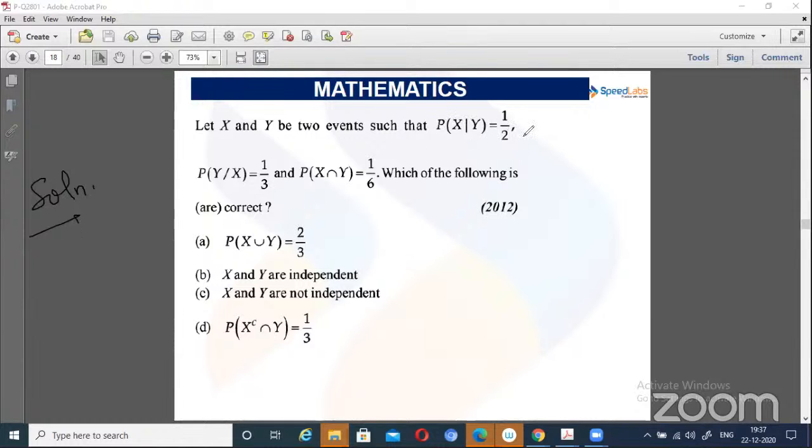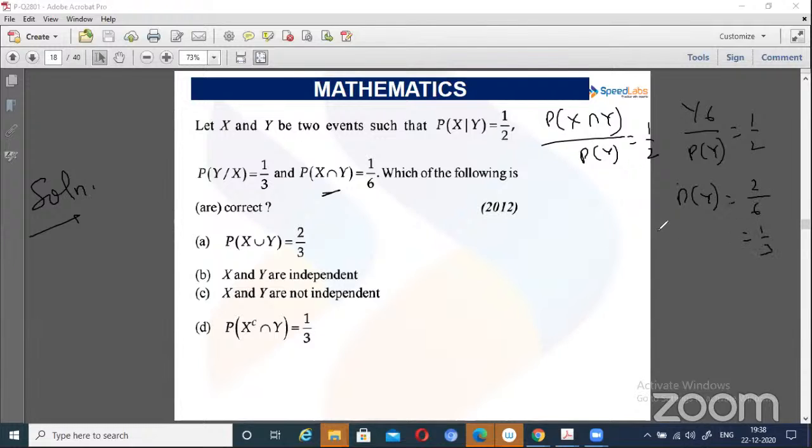So P of x given y is P of x intersection y by P of y, which is half, and this is 1/6. So 1/6 by P of y is half. So P of y is equal to 2/6 or 1/3.